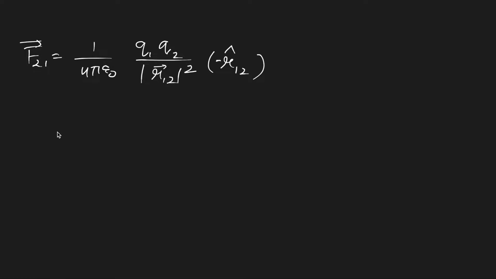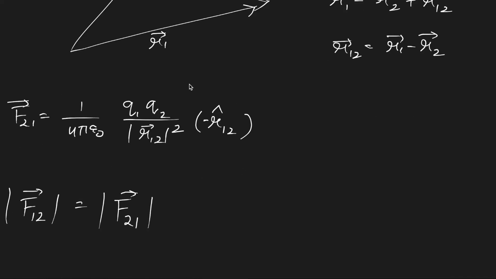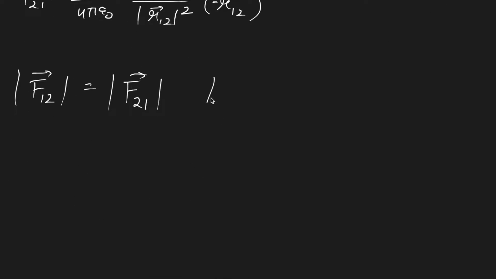We can see from it that the magnitude of the r12 vector is equal to the magnitude of r21. This is the third law, the third law of Newton.